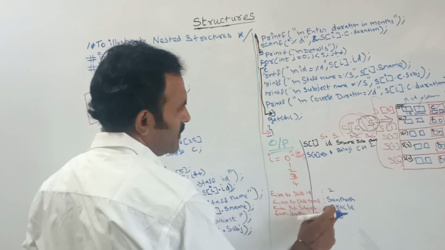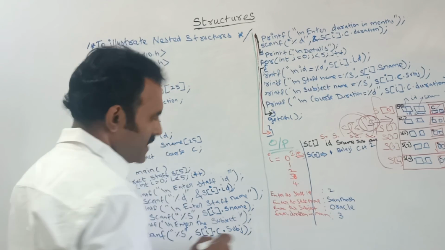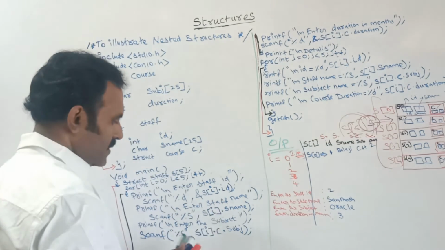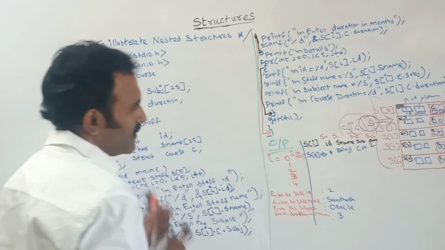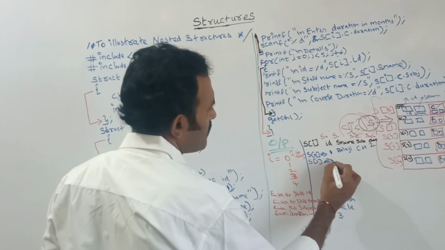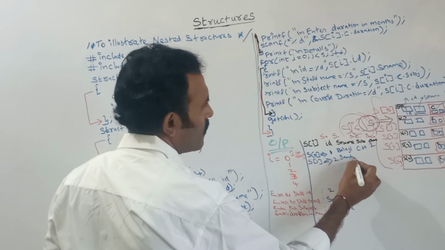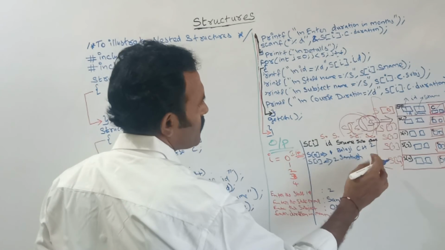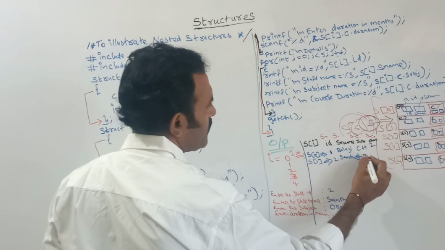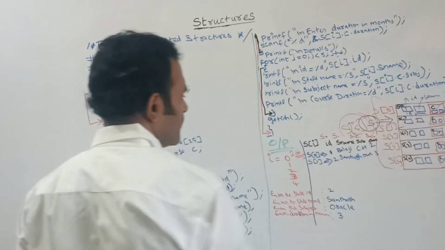If the subject is Oracle, and the duration in months is 3, then this record will be stored like this: for the first location, staff ID 2, then Santosh, then Oracle, and number of months 3, in a similar way.